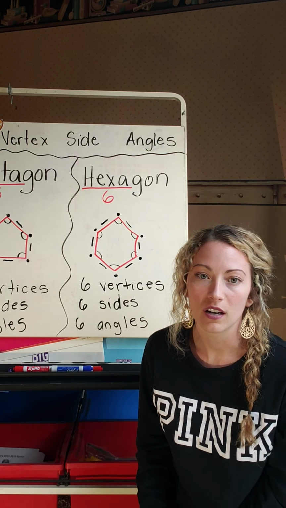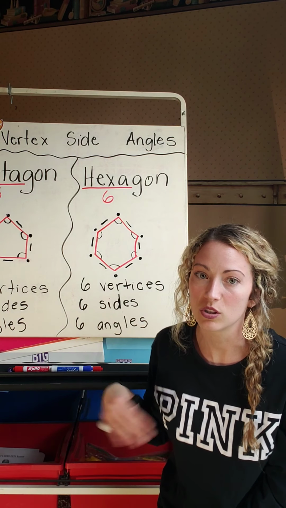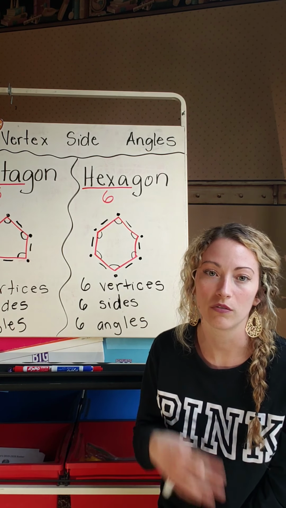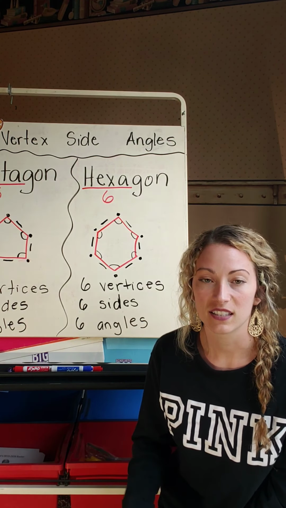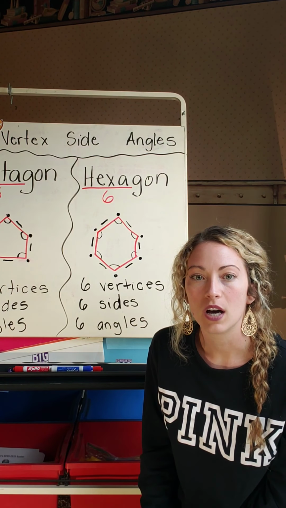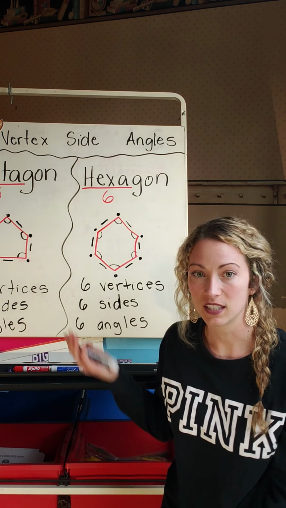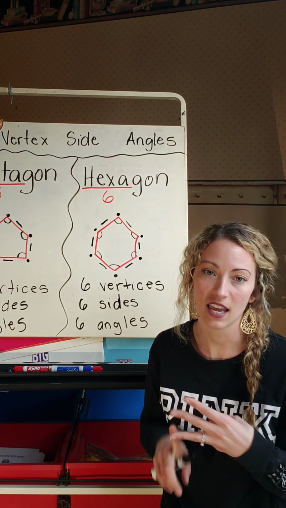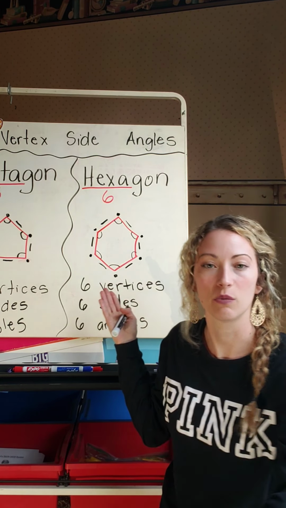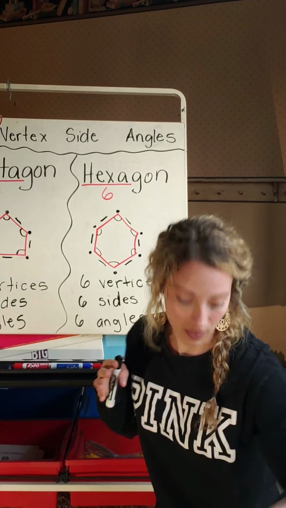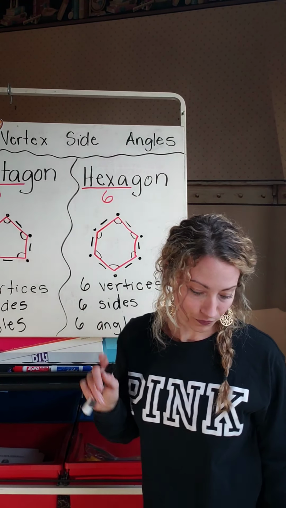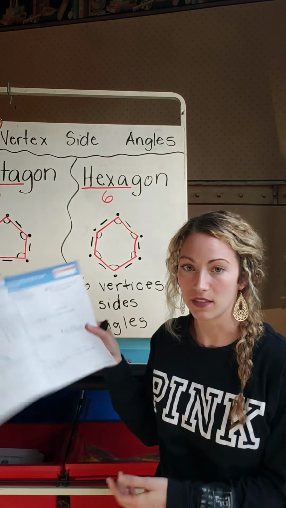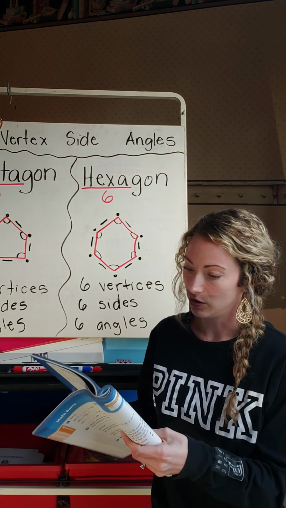So when we're talking about 2D shapes, you can use the word attributes. You can use the word vertex or vertices, sides, and angles. So again, after this lesson, you can create your own shapes and find how many vertices, sides, and angles they have. You can mark them up just like we did here. After doing that, you will have a math journal to do.